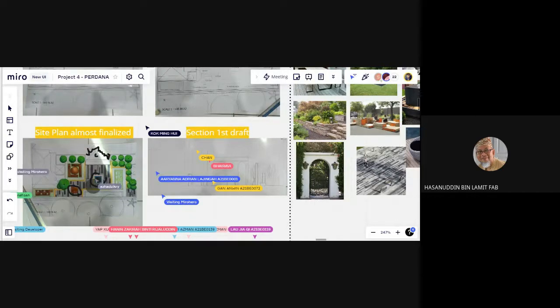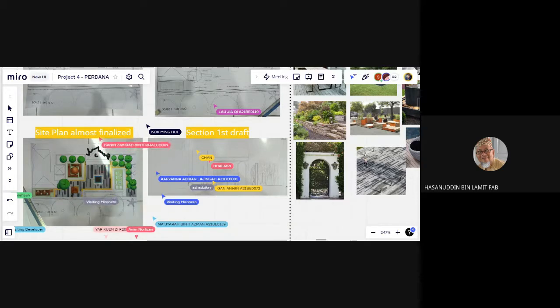Let me try to erase that. What you could do is make this area, put some planting here, so that the planting can be a very good complementary element to the gazebo or the shelter here.